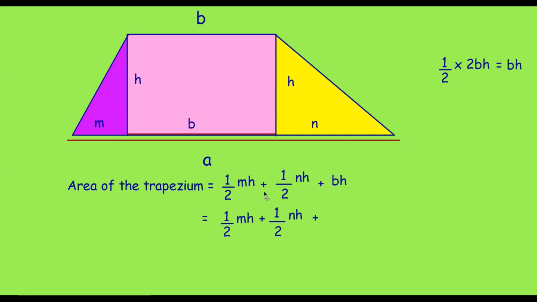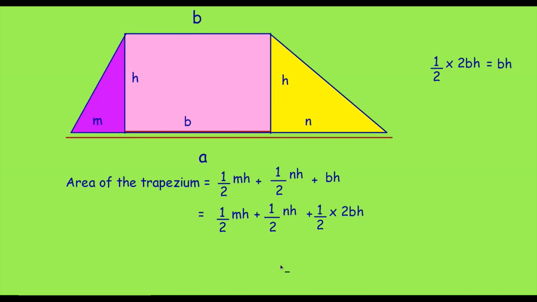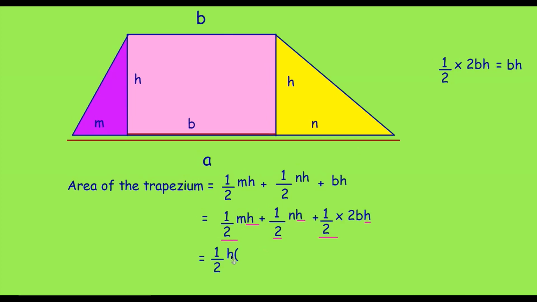That is, area of the trapezium is equal to half mh plus half nh, plus instead of bh we can write half into 2bh. Now here you can see in all the terms half is there and one h also there. So half into h we can take as common.